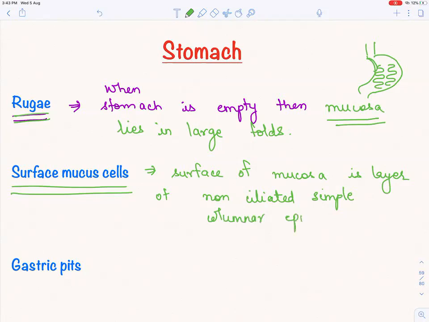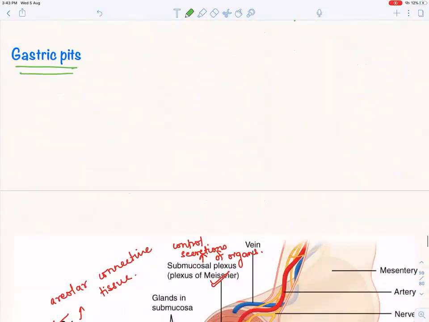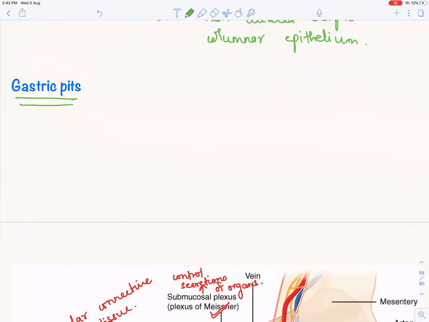Okay, and these are surface mucus cells. Now we'll study about gastric pits or gastric glands.